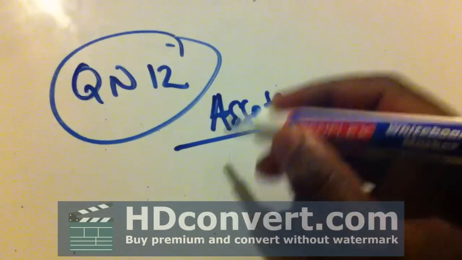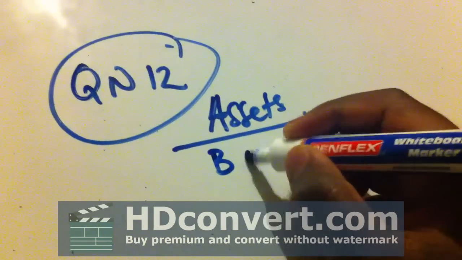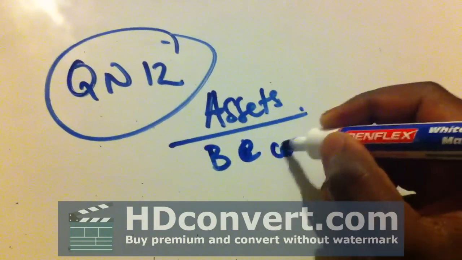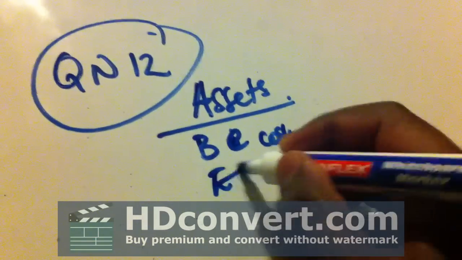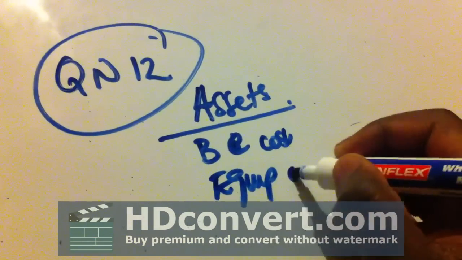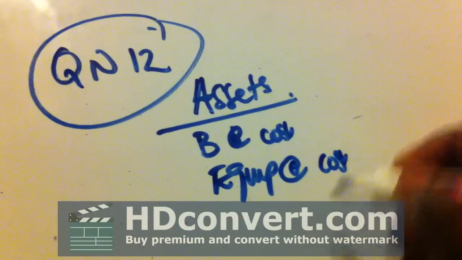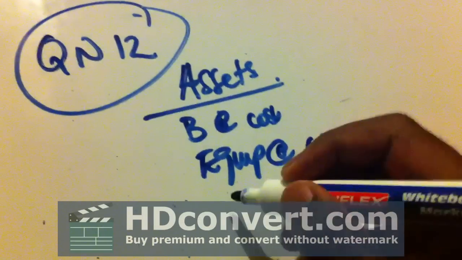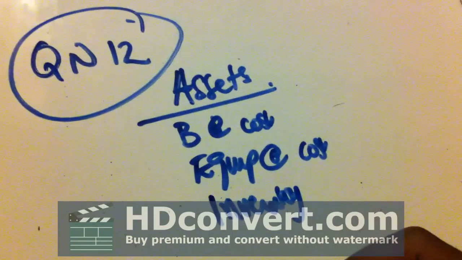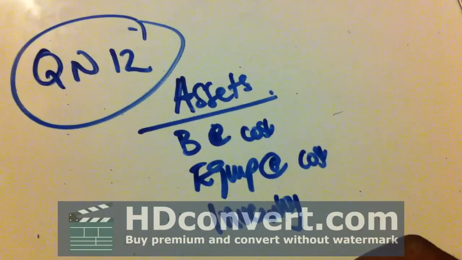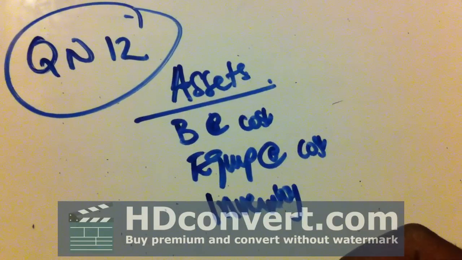So you're basically adding these figures for buildings at cost, equipment at cost, inventory, isn't it? And then what else?